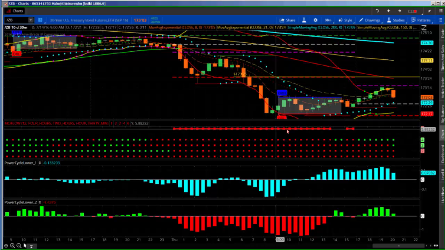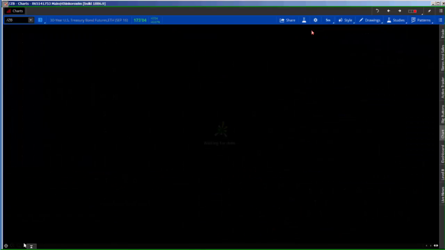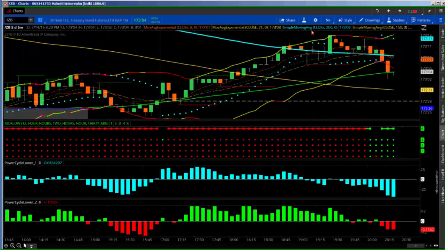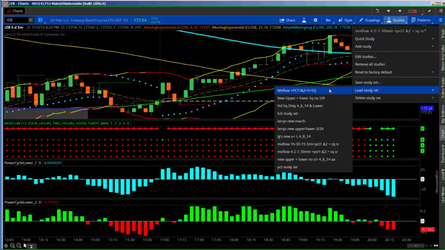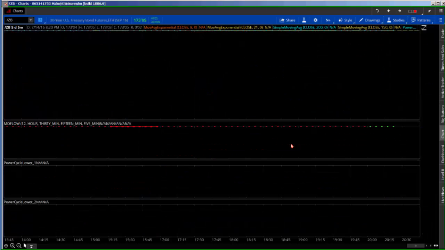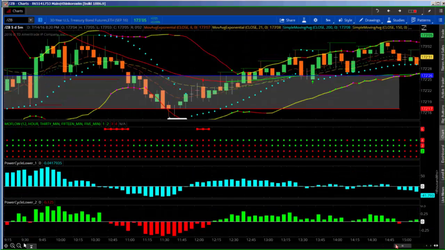I can use this on any time frame. So I'll set this to a 5-minute time frame, and I'll set my study to the 5-minute momentum flow indicator. I've got that saved down here. I'll put that in. This one measures the 5-minute, 15, 30-minute, and hour. When I put this one in, you can see how strong the bonds were down earlier in the day, and we had a couple of members that just cleaned up on this trade.